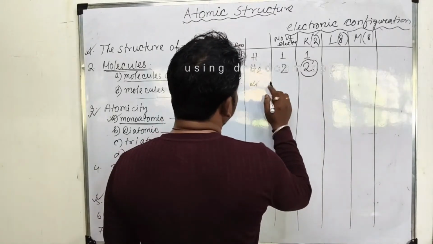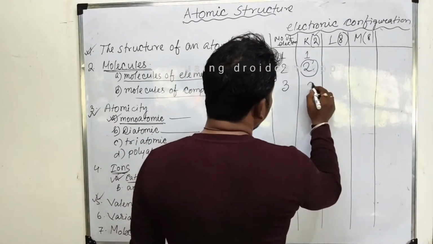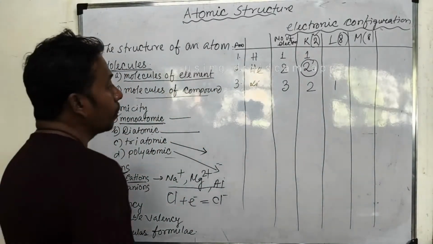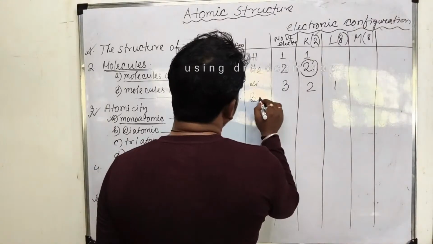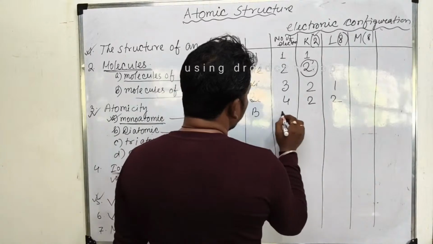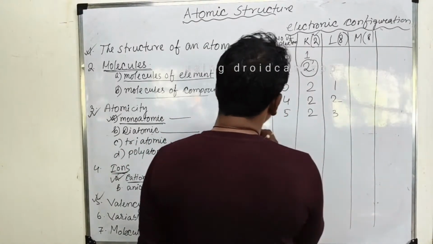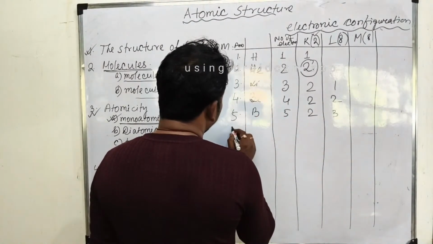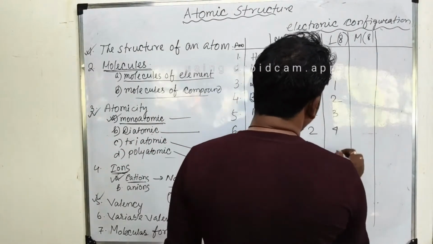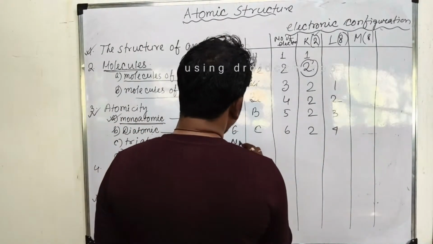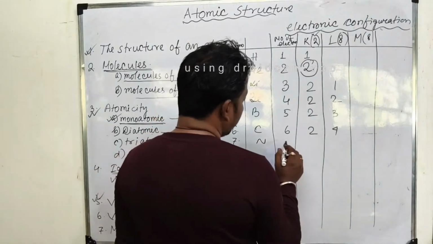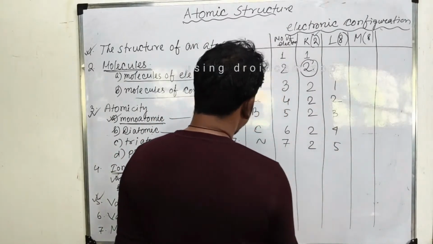Lithium. K cell contains 2 and another new cell is introduced, with 1. Beryllium 4, 2, 2. Boron 5, 2, 3. Carbon 2, 4. Nitrogen 7, 2, 5.